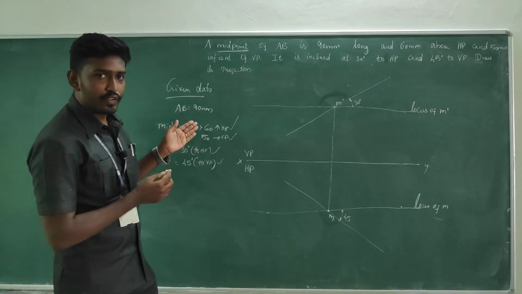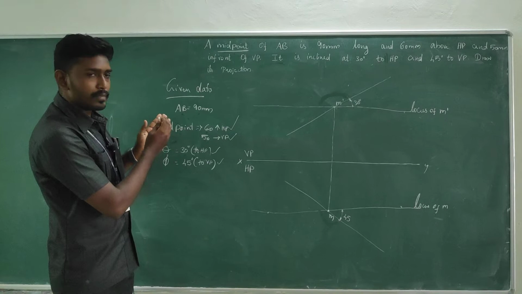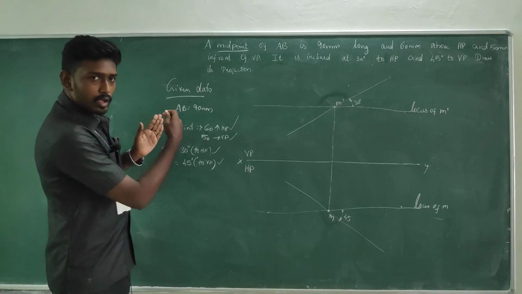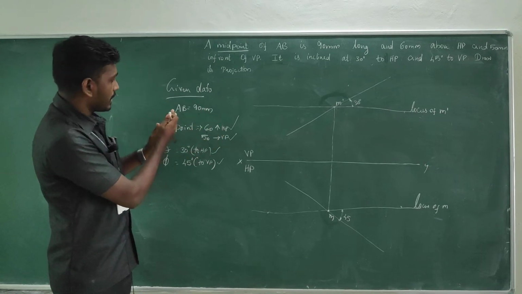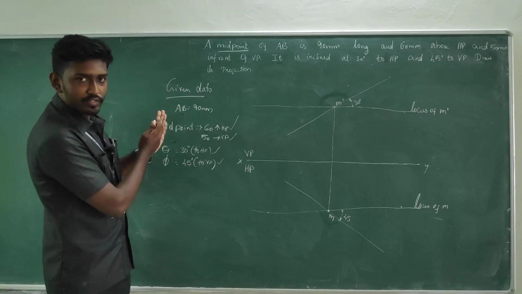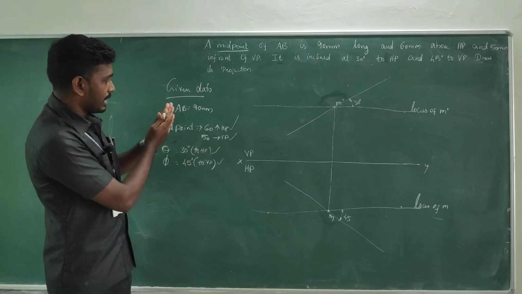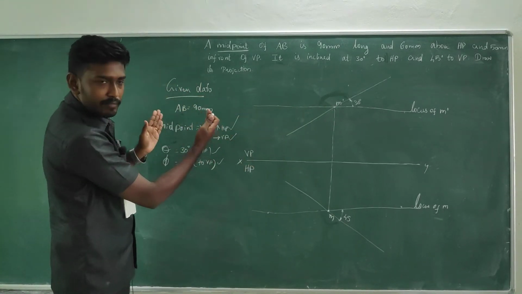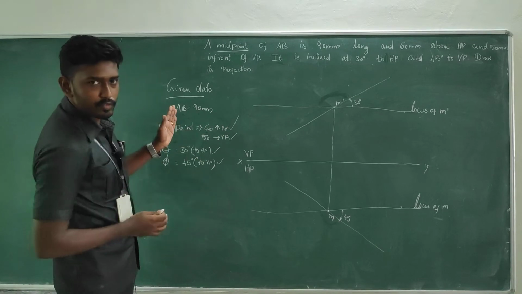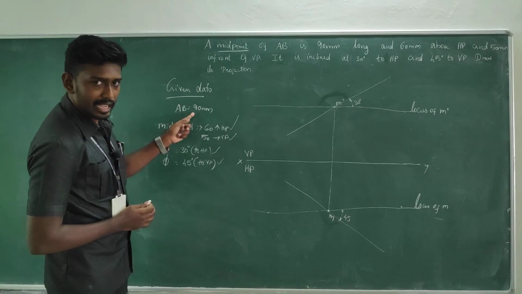If you represent the line using the midpoint, one side will be 45 and the other side will be 45. Am I right?